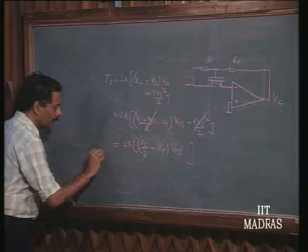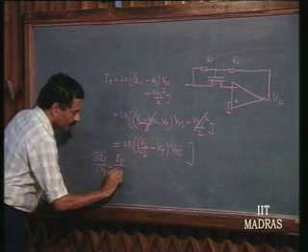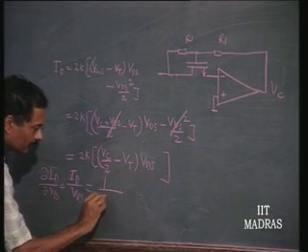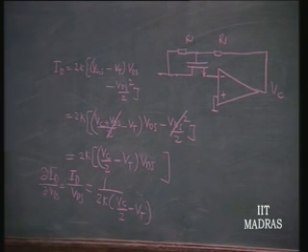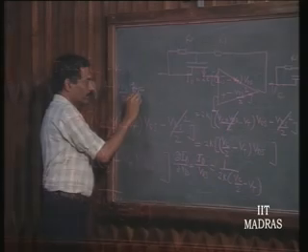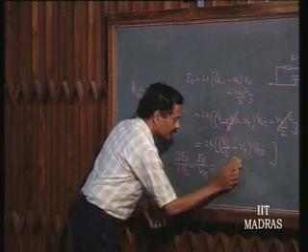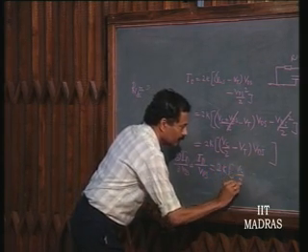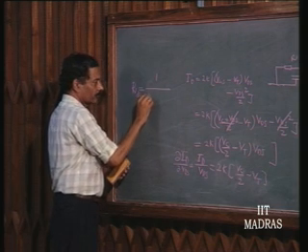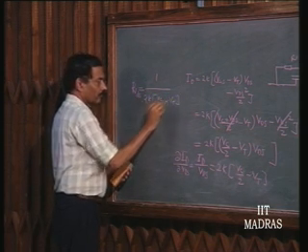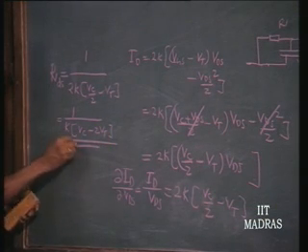So, we get delta ID by delta VDS, which is the same as ID by VDS, equal to 2k into (Vc by 2 minus Vt), or the FET resistance RDS is going to be 1 over this, 2k into (Vc by 2 minus Vt), or R is equal to 1 over k times (Vc minus 2Vt).